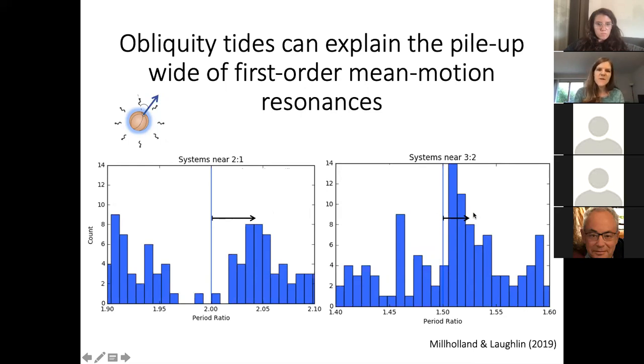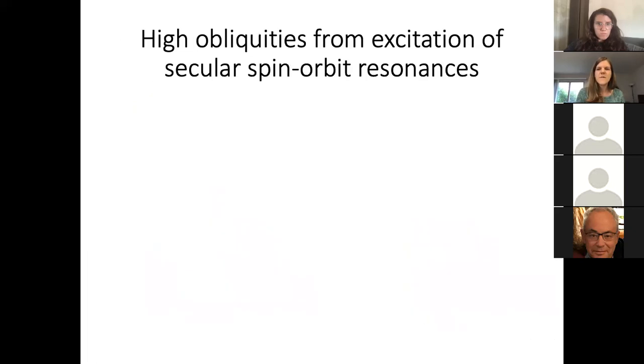However, this solution requires that these planets frequently have non-negligible obliquities. And so what is there to suggest that they actually do? It's not that the planets just can have high obliquities, but we actually expect them to from obliquity excitation from a dynamical resonance called a secular spin orbit resonance.